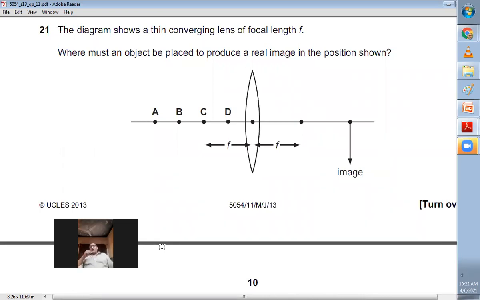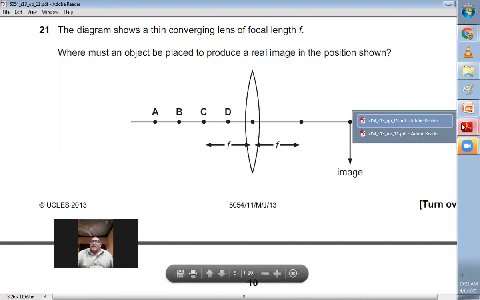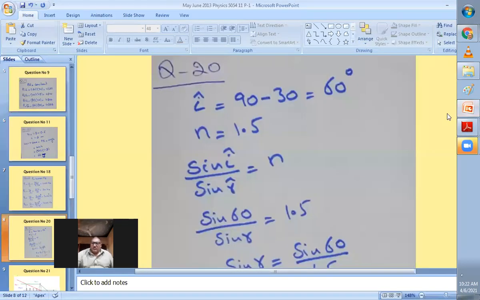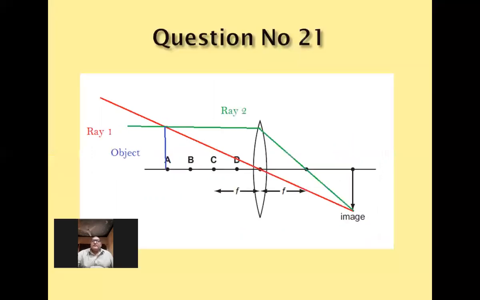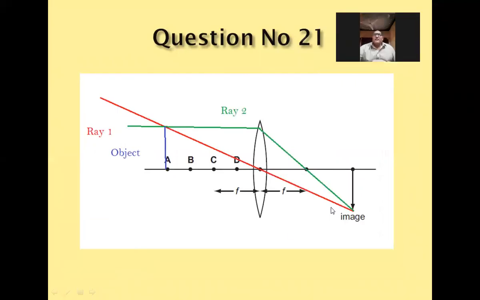So if you want to draw this, you know the focal lengths are already marked there. The principal focuses are marked. Let me show you my work, I've done this on paper. This is that diagram.